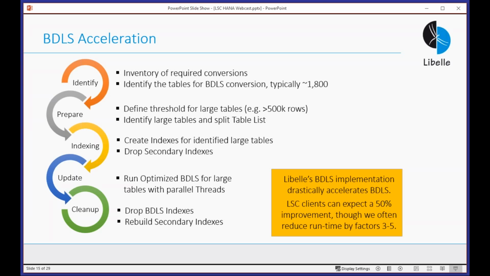Since everything is in memory, the execution is much faster, and if you add indices, it is extremely fast. We see PDLS runs of 30 minutes, 1 hour, maybe 1.5 hours max on some very large systems. Really nothing in the workflow with HANA is taking up too much time.